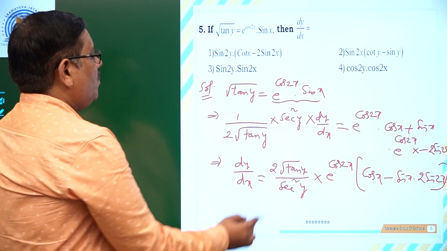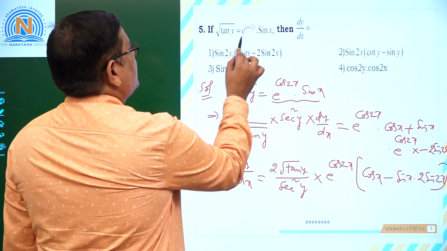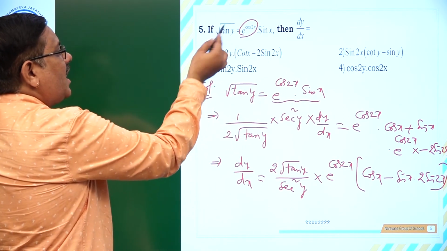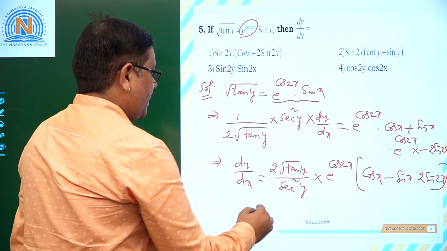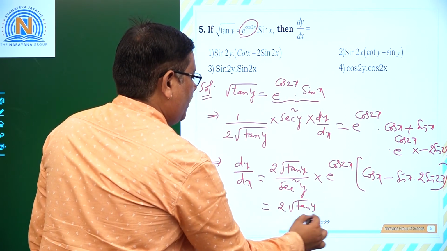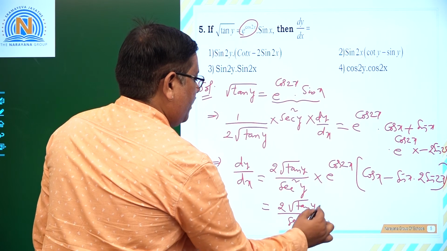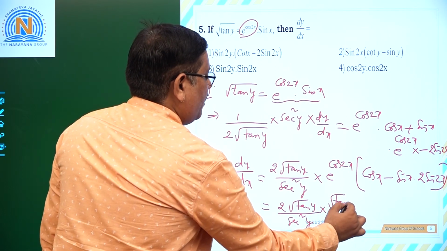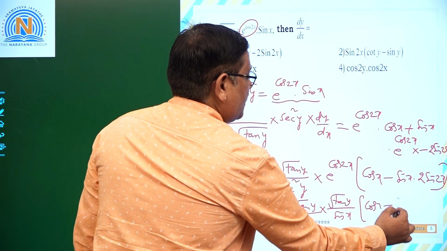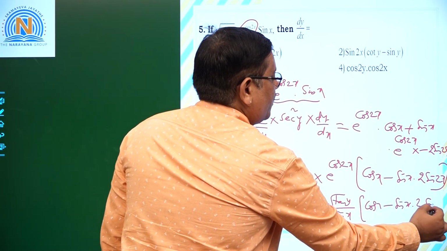Right? Now, you can write e power cos 2x, if you make it the subject, as root tan y by sin x. So that is going to be 2 into root tan y by secant square y into root tan y by sin x into cos x minus sin x into 2 sin x.